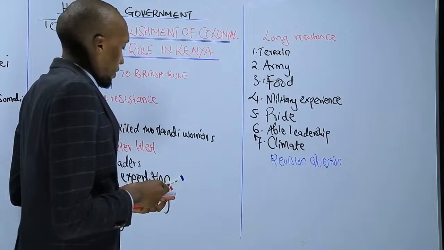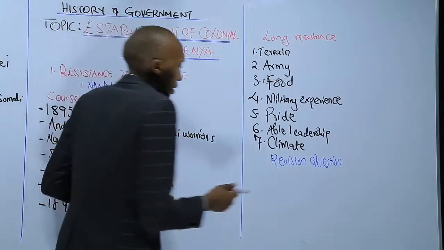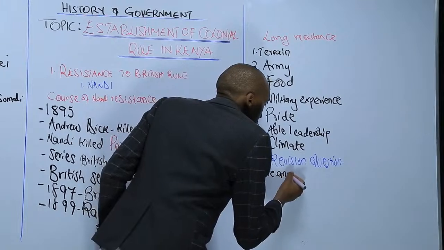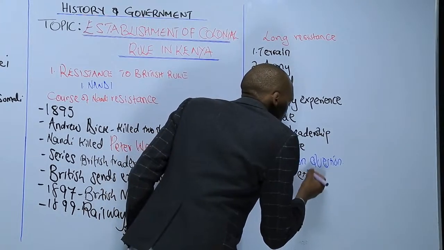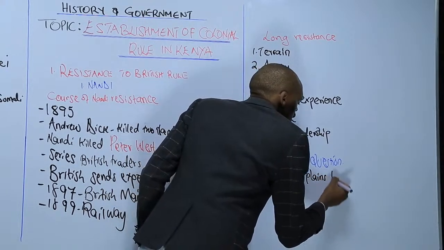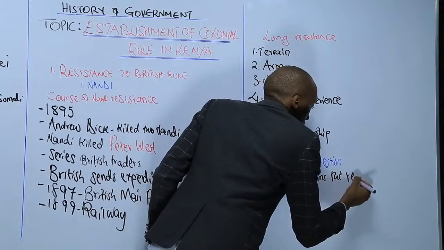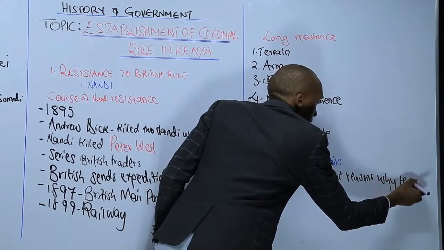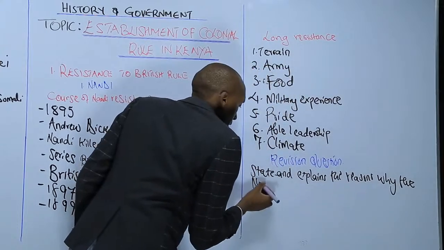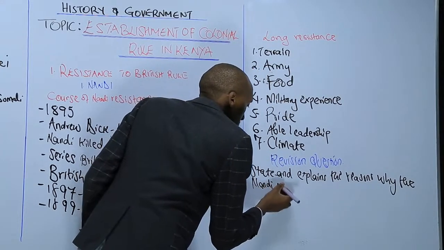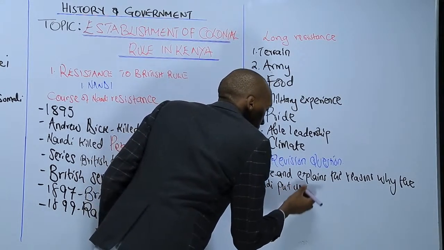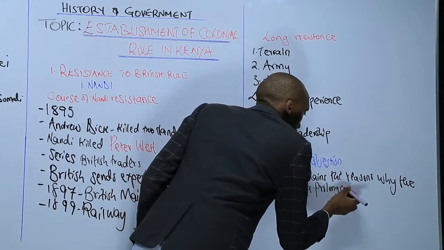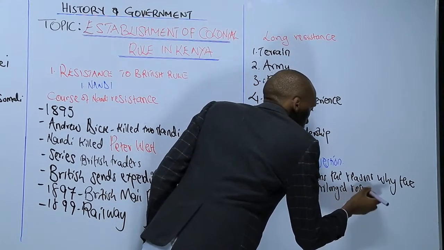And the question is, state and explain the reasons why the Nandi put up a prolonged resistance.